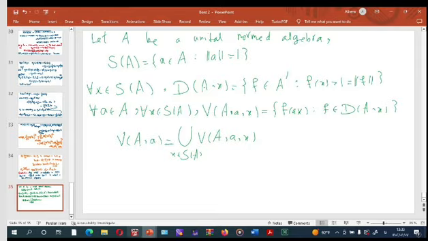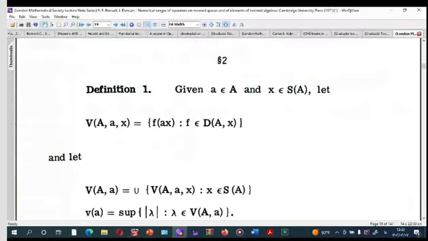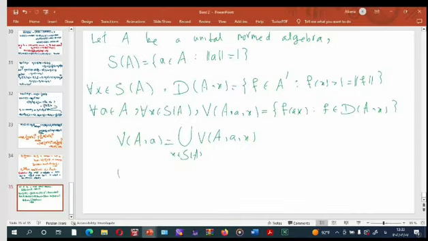Okay, this equation, and v(a) equals the supremum of absolute value lambda for any lambda in V(A, a).